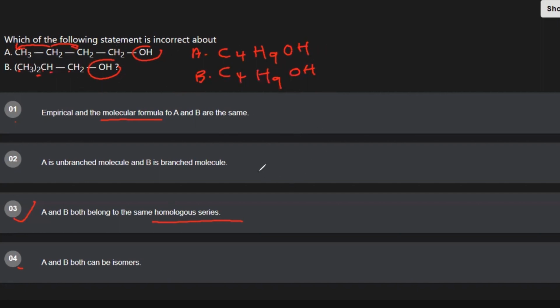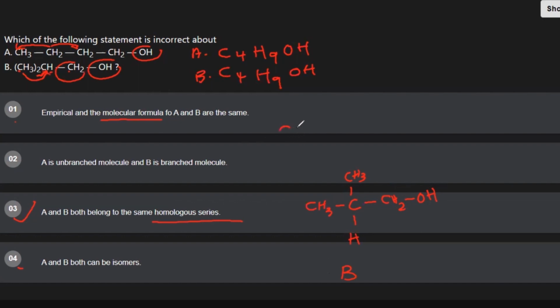If you see a bracket like this, it means 2 CH3s are connected to this one carbon, which means there is a carbon that has 2 CH3s connected from either side, one hydrogen, and then only comes this CH2 from this end, an OH. This is what molecule B looks like.